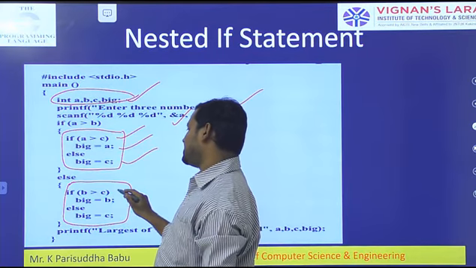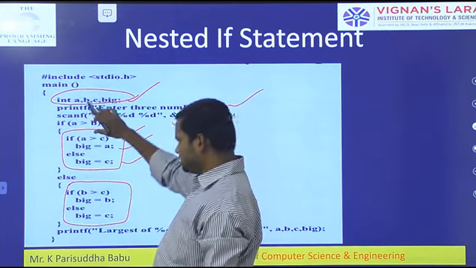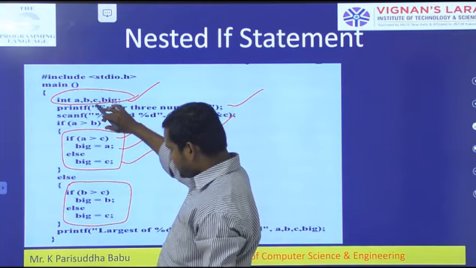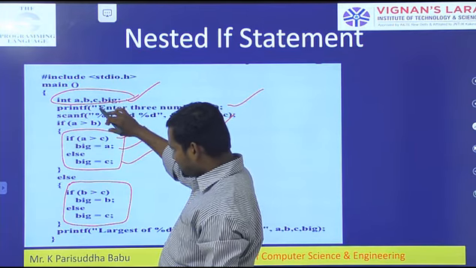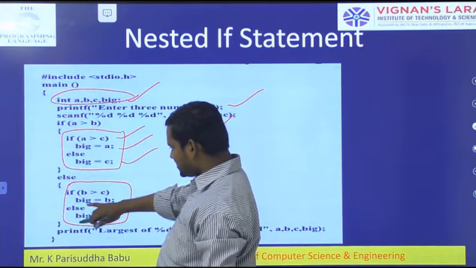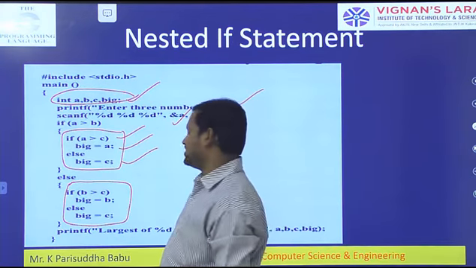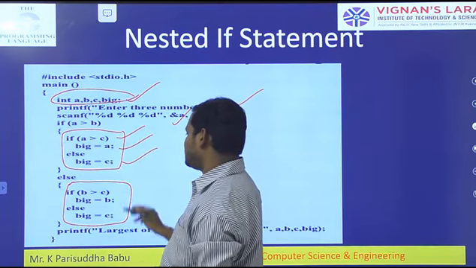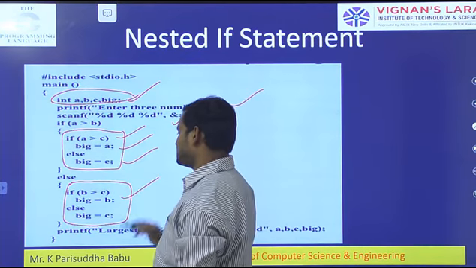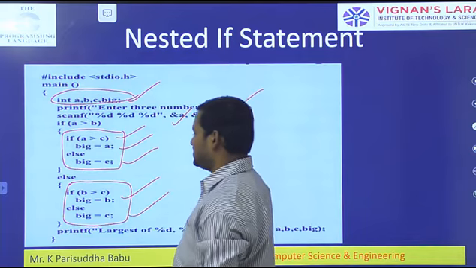So here, b greater than c: if it is true, b is maximum. If it is false, c is the maximum number.